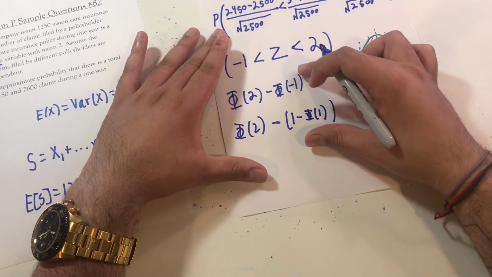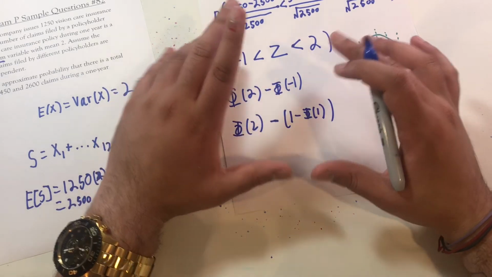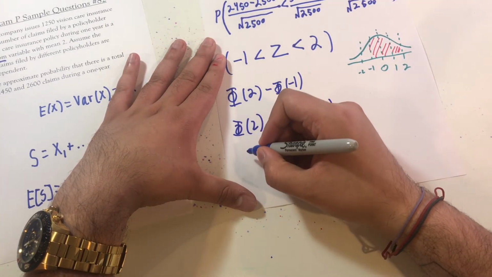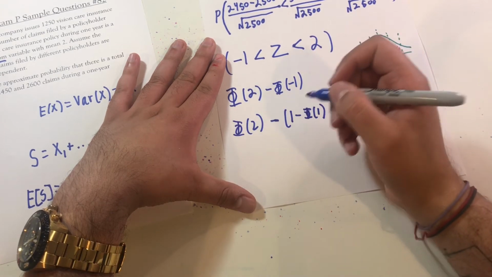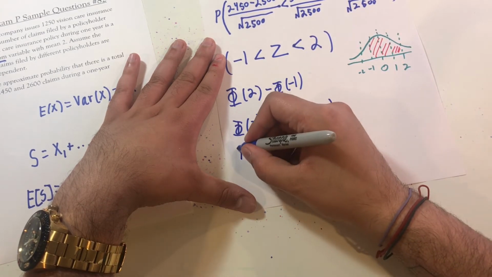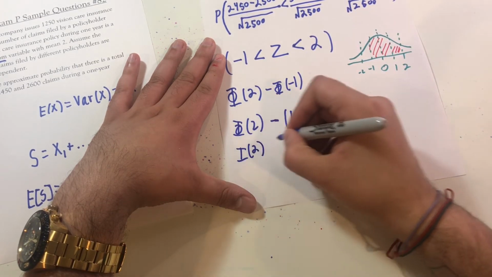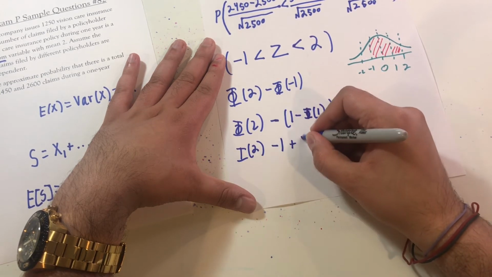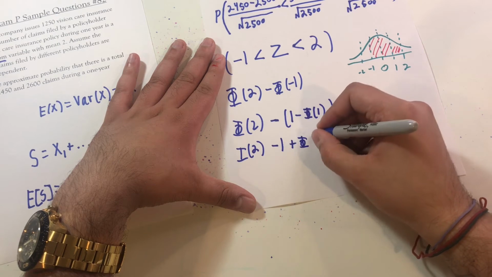And if you're unfamiliar with what I did here, I don't have time to go into it now. I do recommend studying this on your own, finding the actual numbers. Okay, I can actually distribute the negative out, so I still have phi of 2 minus 1 plus phi of +1.